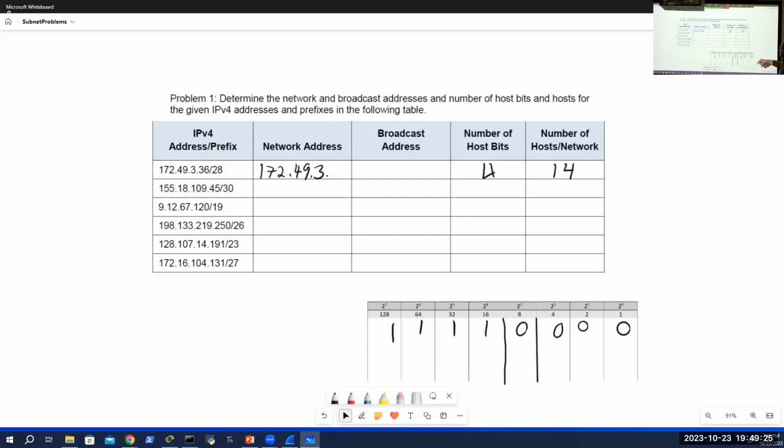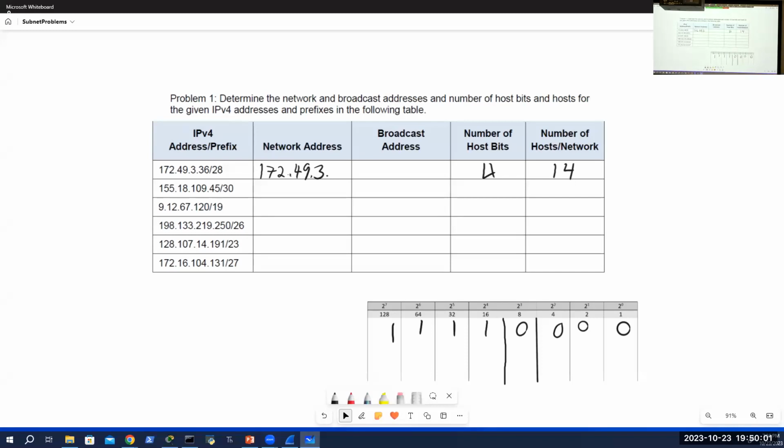But the quick way is to figure out what network 36 is in. You look at the last non-zero octet of your subnet mask, which is going to be the 4th octet, and you look at the rightmost 1 bit.